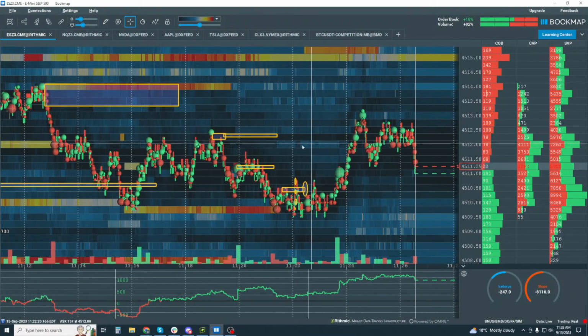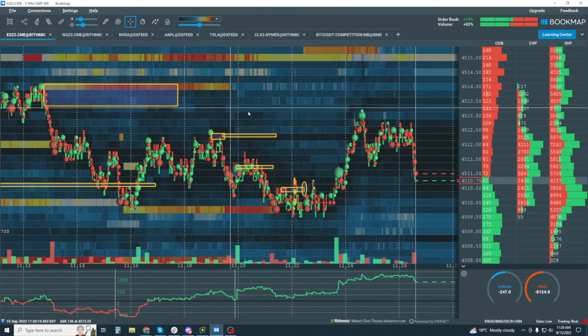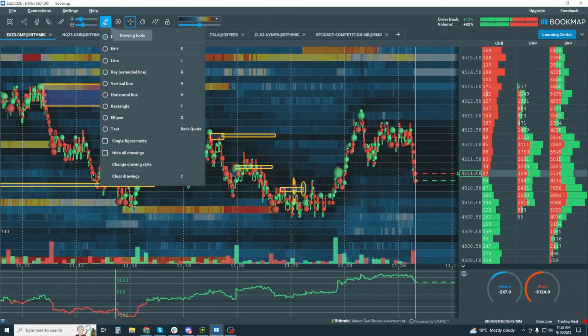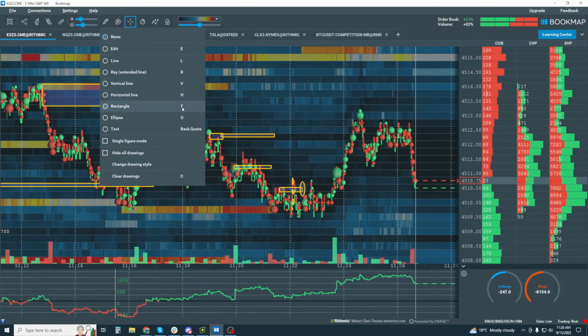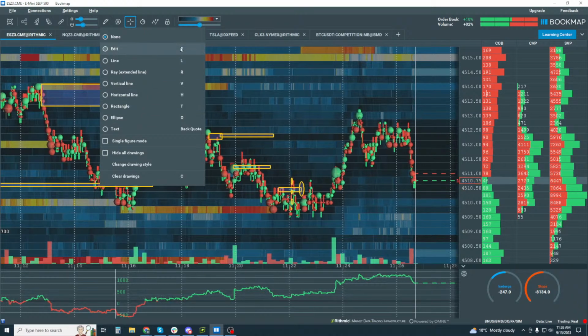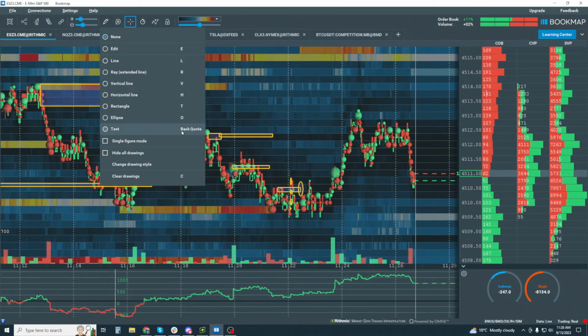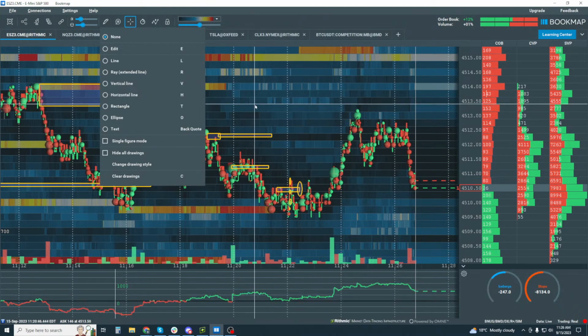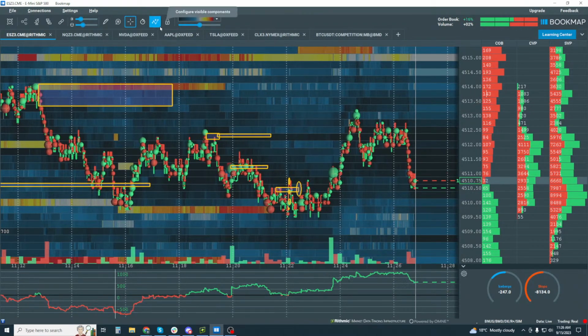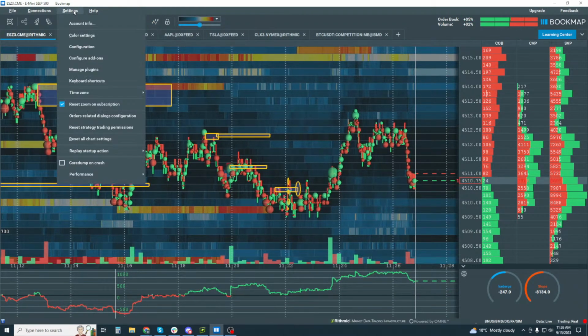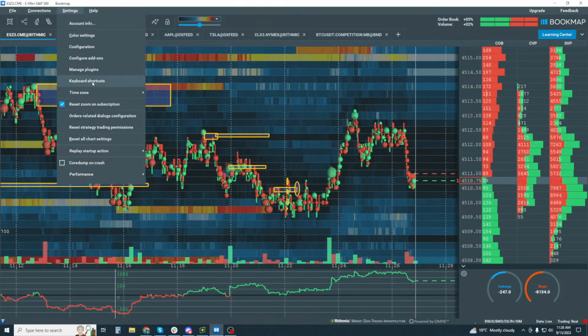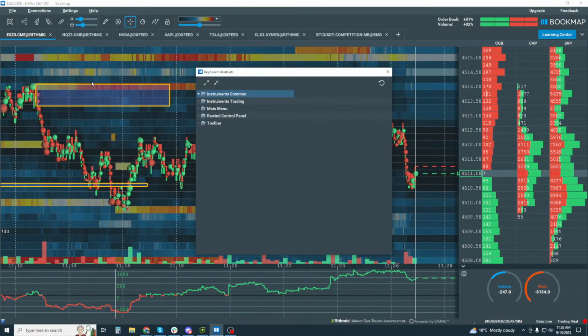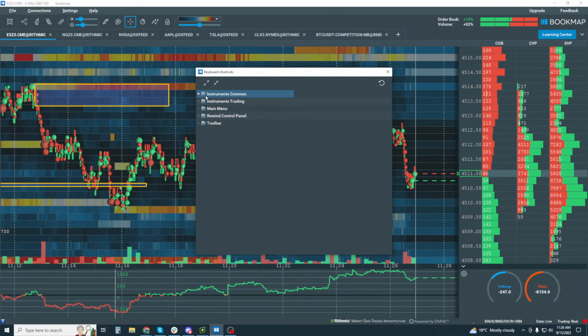All right, so key commands. How am I drawing these really quickly instead of going to the drawing tools here? You can see I have key commands here, just one letter that I've put in here. So how you can do that is to go up into settings, keyboard shortcuts. Okay, go there, and then you'll see them here.